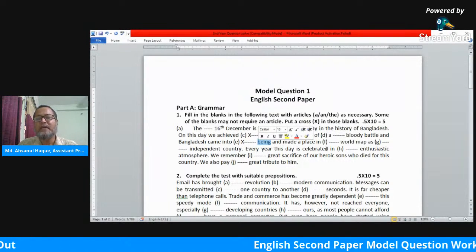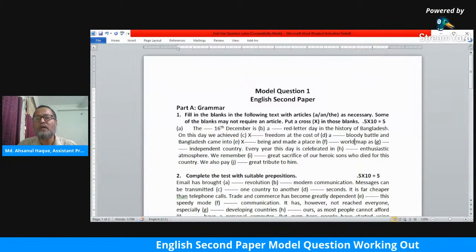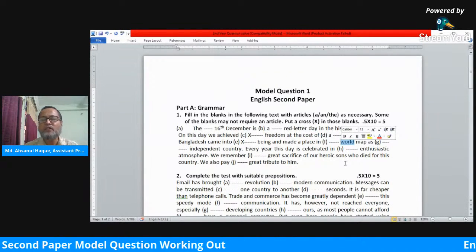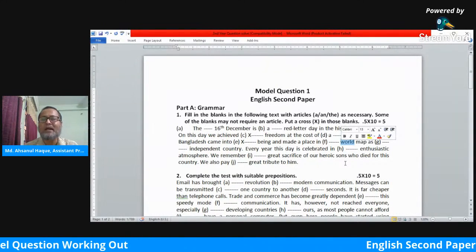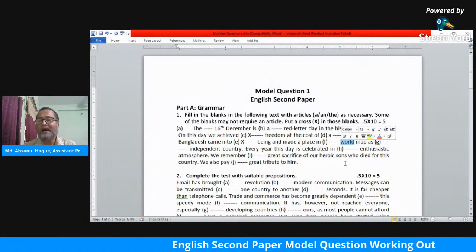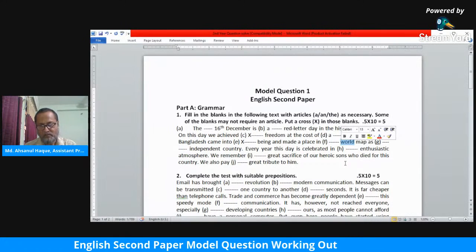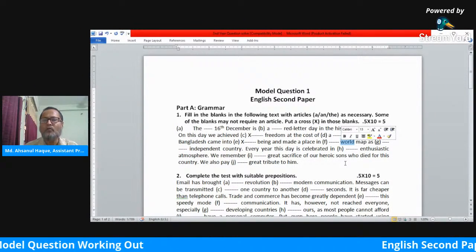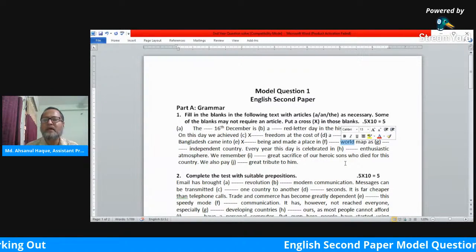And made a place in dash world map. There is a word, world is a noun, before which we have to use the. But we don't use the before earth, on earth, but in the world. I am repeating the answer.